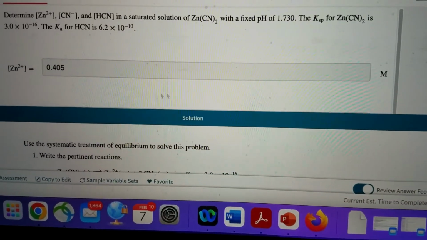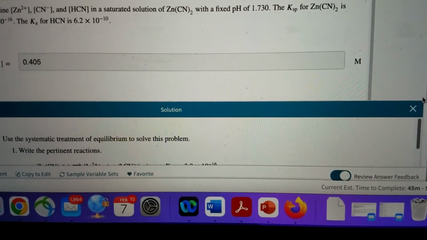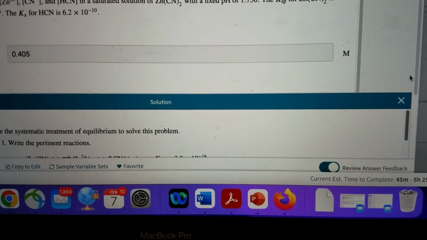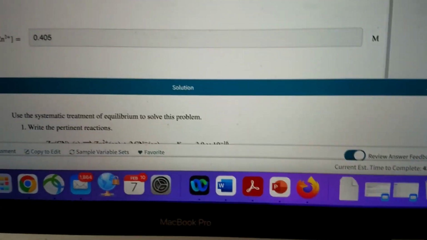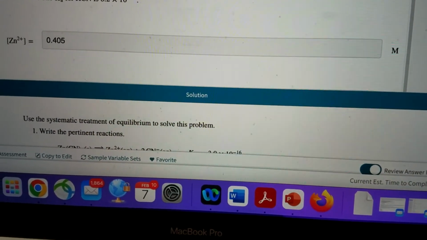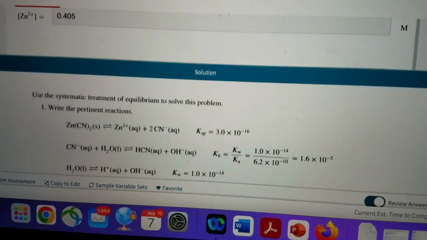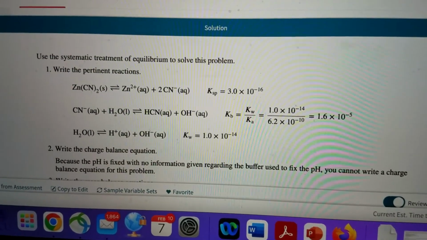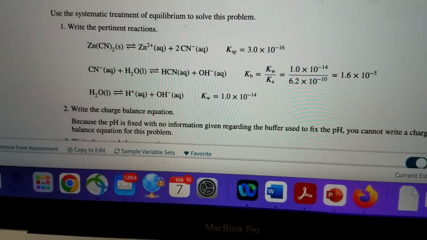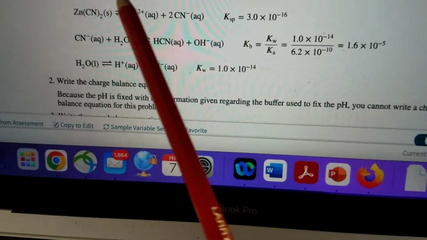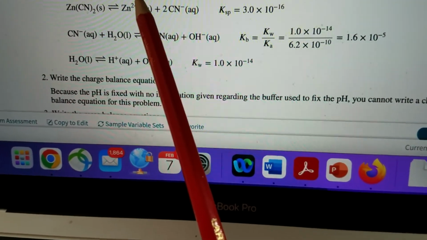Remember in the class we went over the steps for this type of question. The first step, of course, is to write down all of the pertinent reactions.